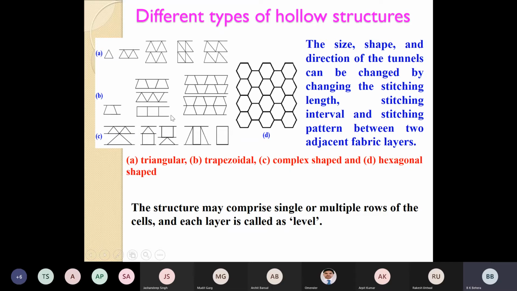One can engineer such cell geometry so that the compression capability or the energy absorption capacity of these structures can be varied by changing this cell geometry.